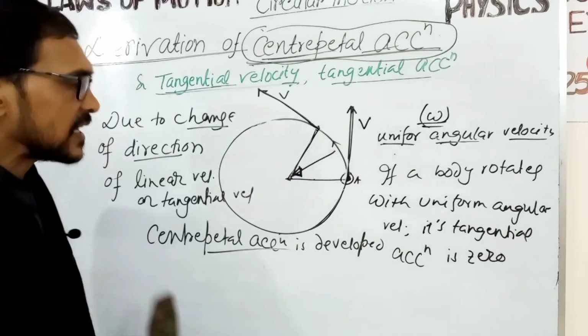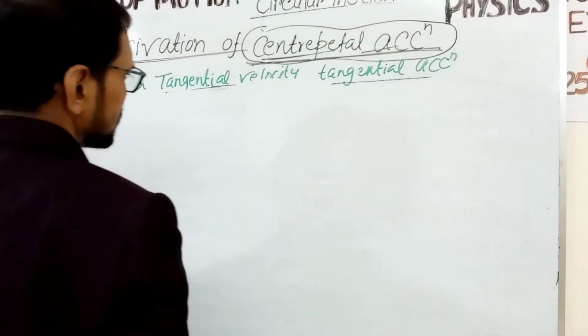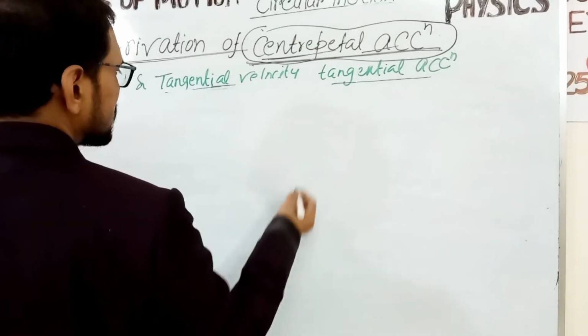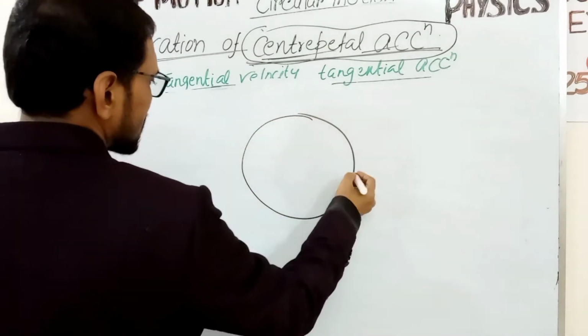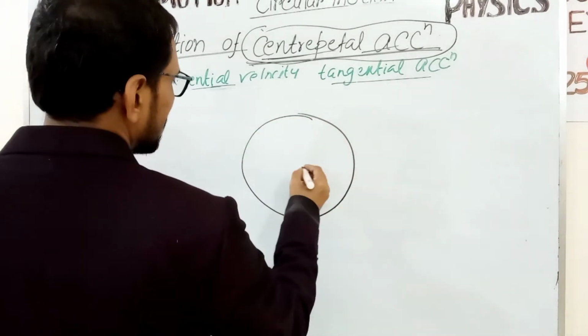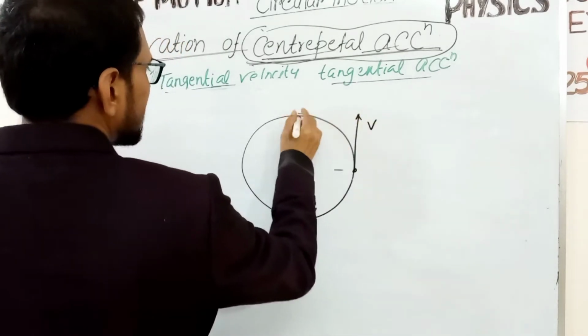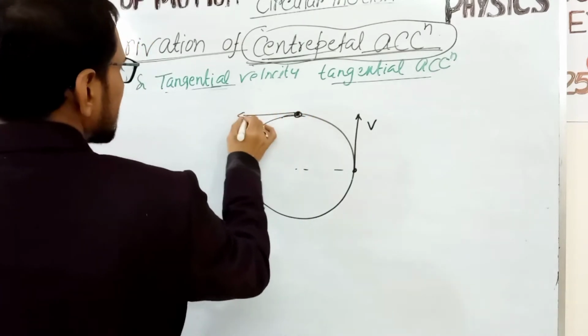By a simple example, I can show how centripetal acceleration comes towards the center due to the change of direction of tangential velocity. Suppose a body rotates in a circular path with uniform angular velocity. When the particle is here, its velocity is this. When the particle is here, the velocity is in this direction.